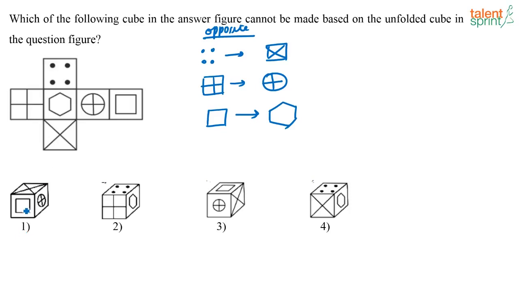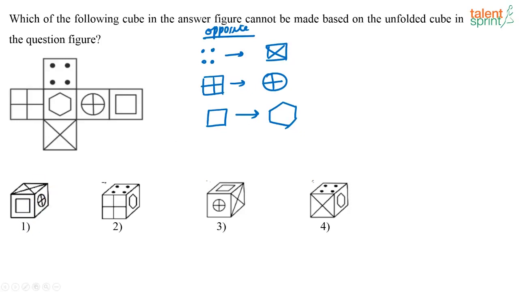Here you have the square. I know opposite side of square is this hexagon, so all the other sides are obviously can be adjacent to the square. So this is possible.